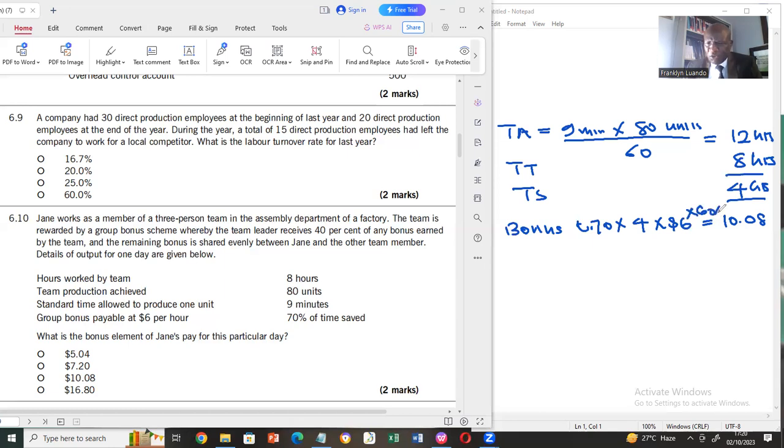The 40% will go to the team leader, so they remain with 60%. So 70% of time saved multiplied by the rate, multiplied by 60%, to be shared by Jen and the other member. Divide by 2. So this will be 5.04. So they will share, and this is the correct answer.